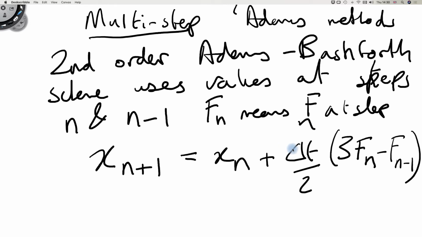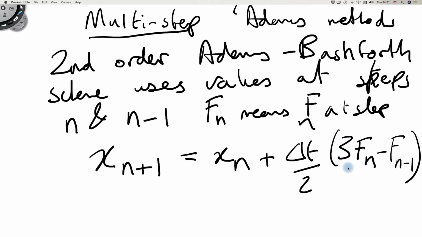And you can already see that it looks easier to evaluate, assuming you have the value of f at n and n minus 1, easier than Runge-Kutta, because Runge-Kutta had a step that looked reminiscent of this, but it had all these other function evaluations beforehand. So the computational cost is looking less. As long as we keep track of the function at step n and the function at step n minus 1, we're evaluating the right hand side using that.